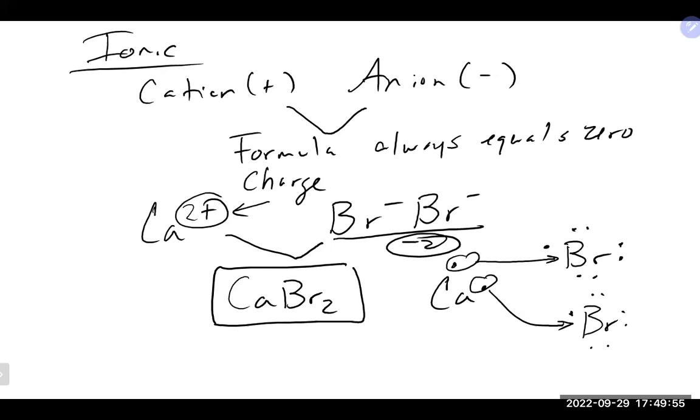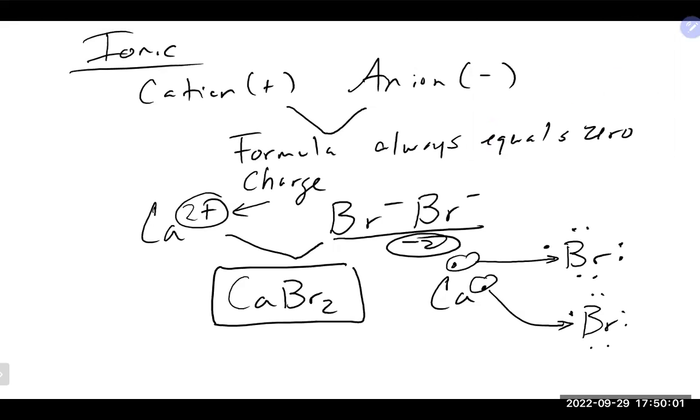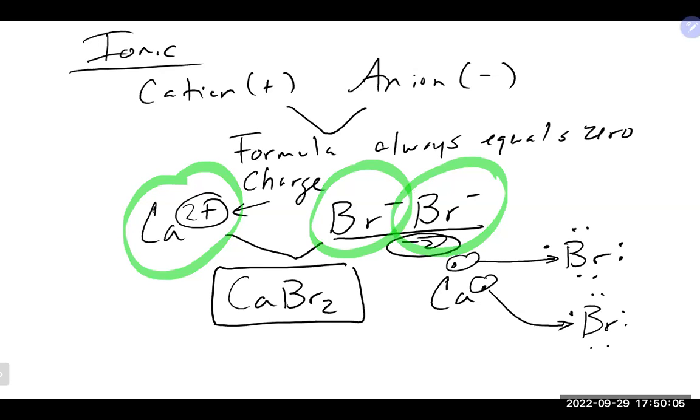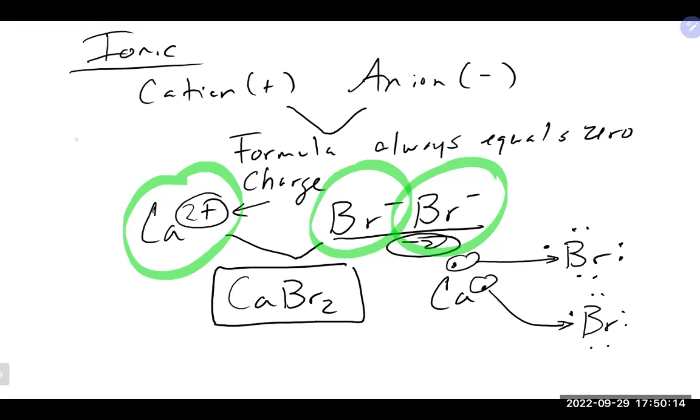So it's important to remember that when you write the formula, it should have no charge, but it should also be remembered that it is actually made up of several things that do have charges. It's made up of these 3 ions that have charges, but overall for the formula, we represent it with no charge. If you were asked to write the formula for the cation here, this is what you should write.